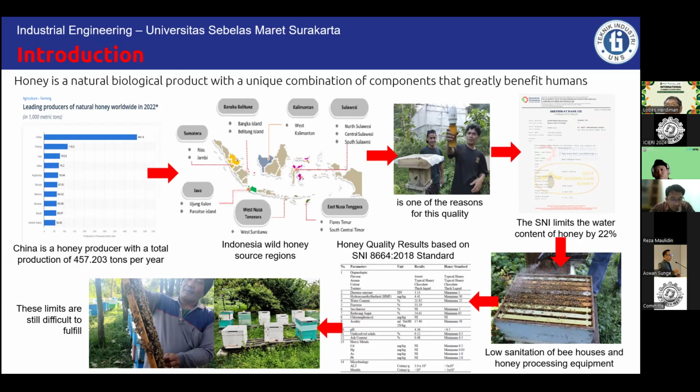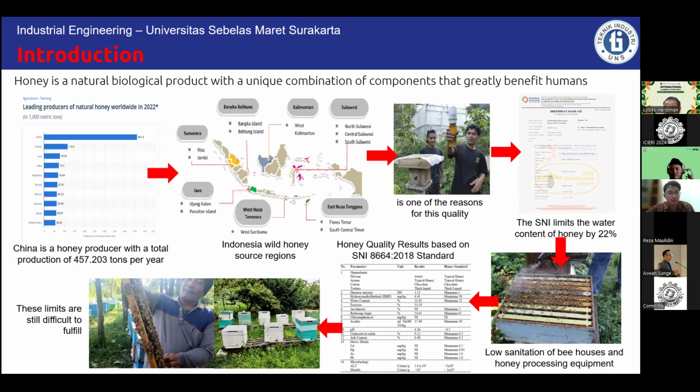Honey production in Indonesia reached 7.5 tons in 2022. Based on historical data, Indonesia should be able to enter the top 3 honey producers in the world.